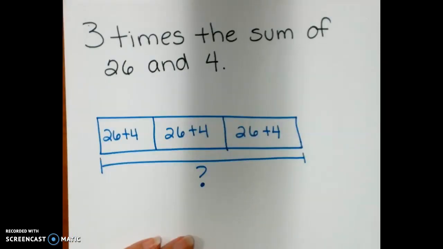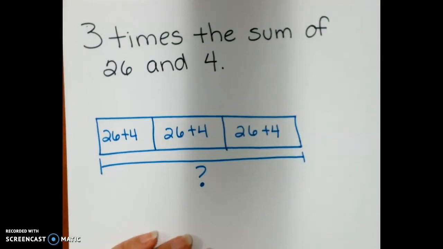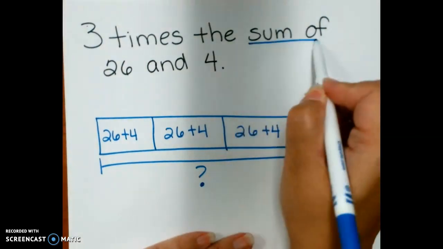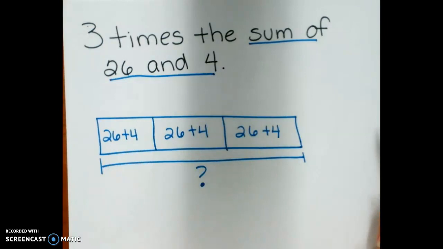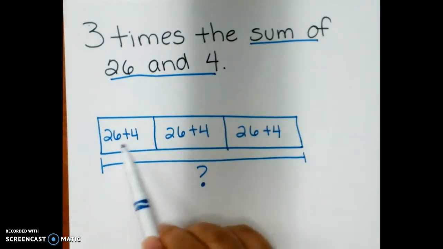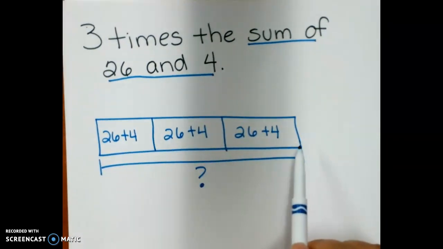Okay, so my next problem I'm going to try and solve is 3 times the sum of 26 and 4. So the very first thing we need to know is, what does the sum mean? Sum means add 2 numbers, or more than 2 numbers, but it always means add some numbers. So I have 26 plus 4, 3 times.